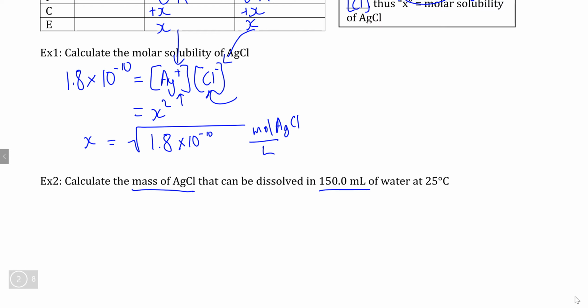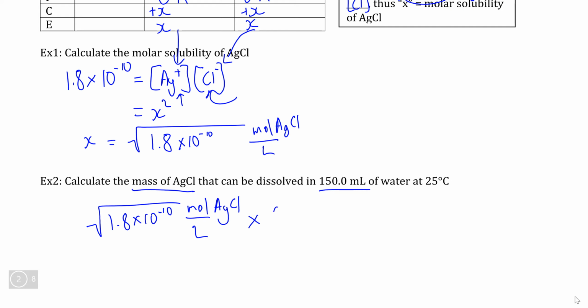So if we take our molar solubility, the value of X that we calculated, we start with the square root of 1.8 times 10 to the negative 10 moles of AgCl per liter, and if we want to find the mass of AgCl that is able to dissolve in a specific volume, we can take this volume and multiply it by our solubility in order to find the number of moles of solute that can dissolve.